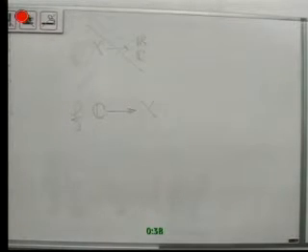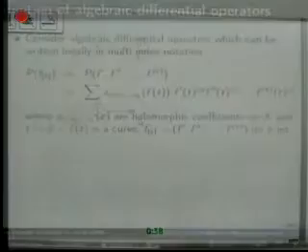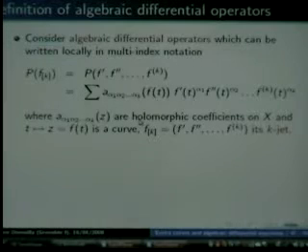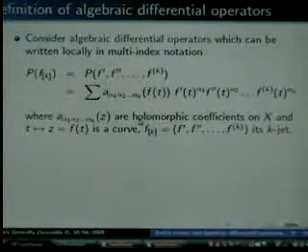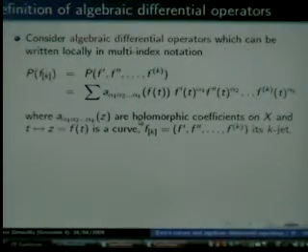They have some order k, so they depend on the first k derivatives, and they are supposed to be algebraic in terms of the derivatives, so they are given by some monomials in terms of the first, second, and k-th derivative. And also they depend at each point on holomorphic coordinates.